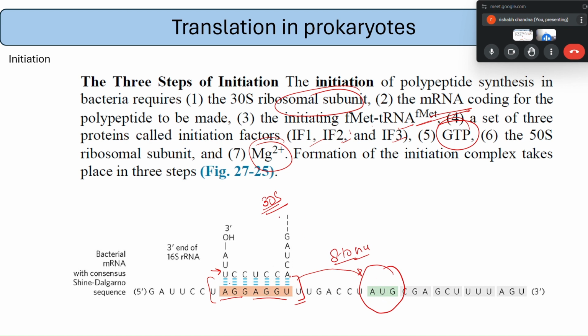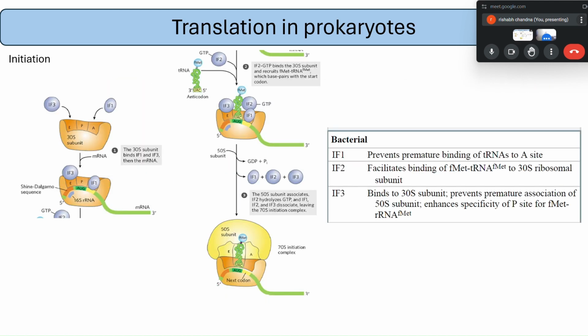That's why the 30S subunit recognizes this mRNA. So this is how the mRNA sits on the 30S subunit of the ribosome, with the 16S rRNA recognizing the Shine-Dalgarno sequence.